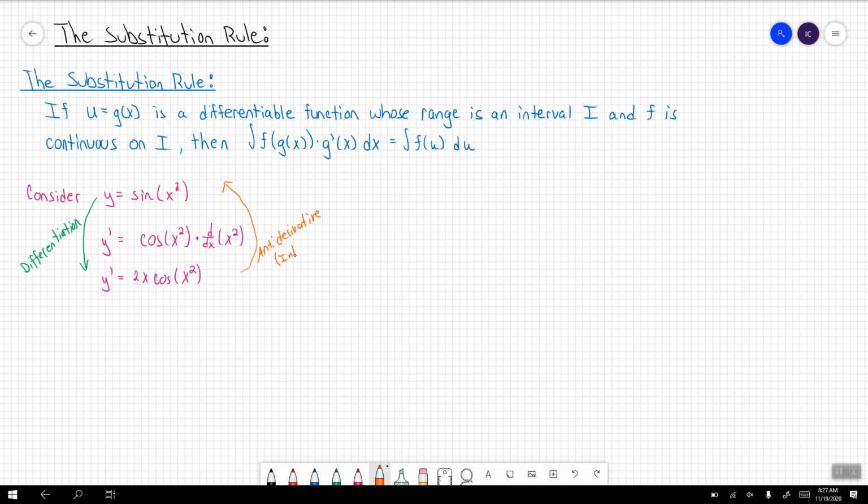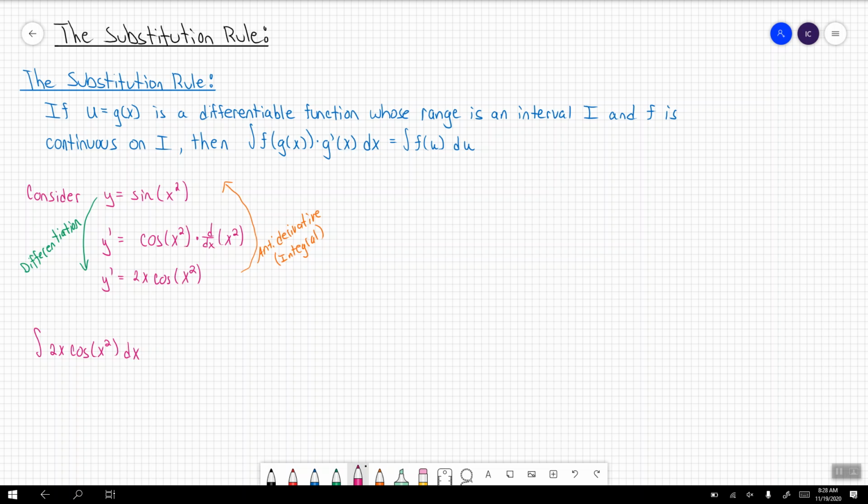I'm just going to say this is going to be an integral. So if we were looking at the integral of 2x multiplied by cosine of x squared dx, then we would be asking ourselves, what function did we take the derivative of to get 2x times cosine of x squared?